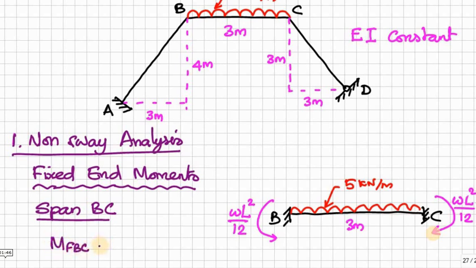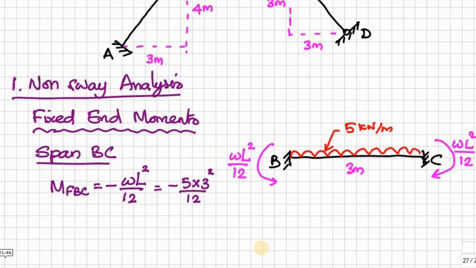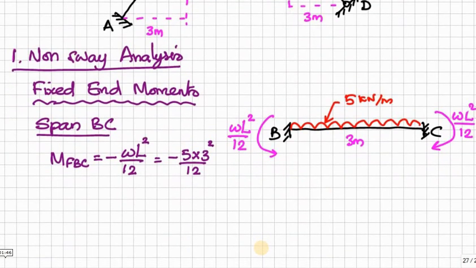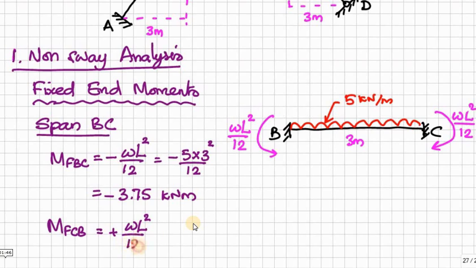Therefore, fixed end moment at BC is equal to minus WL squared by 12, minus because of anti-clockwise direction, which is equal to minus 3.75 kilonewton meter. Again, fixed end moment at CB is equal to plus, because clockwise moment. Therefore, plus WL squared by 12, which is equal to plus 3.75 kilonewton meter.